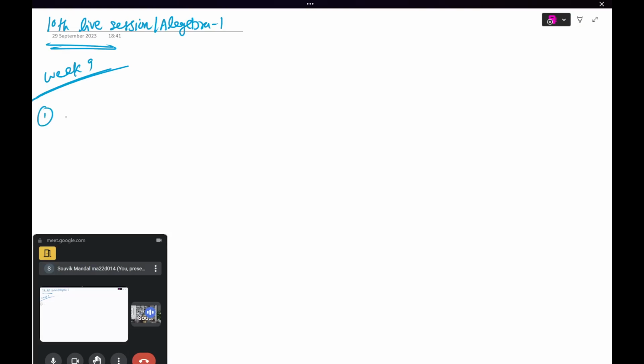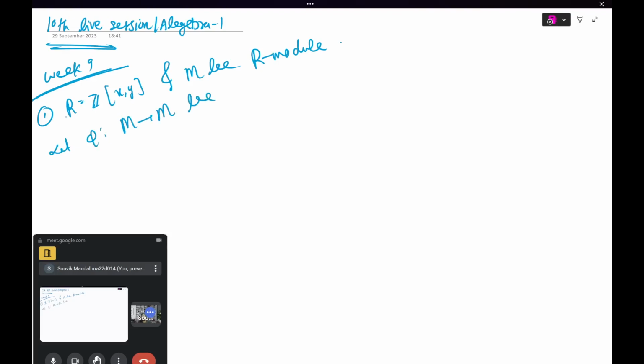So the first question is: let R be equal to Z[x,y], and M an R-module. Let phi: M to M be an R-module endomorphism.